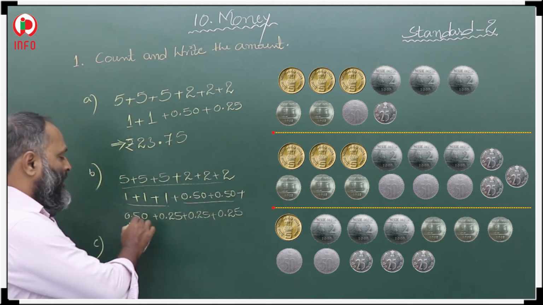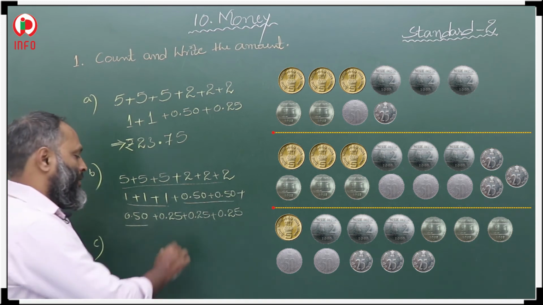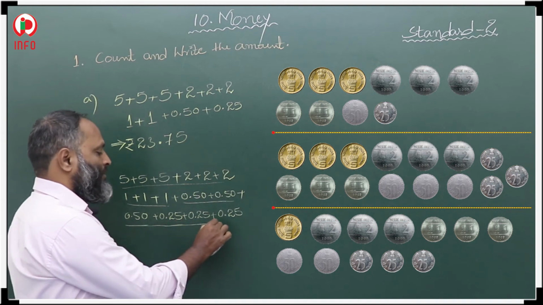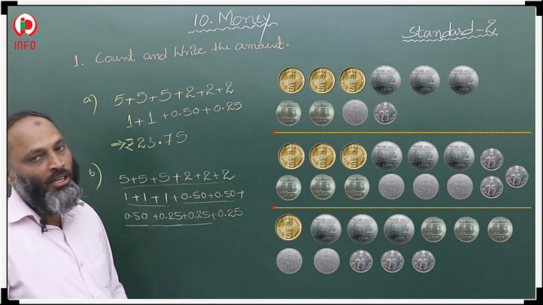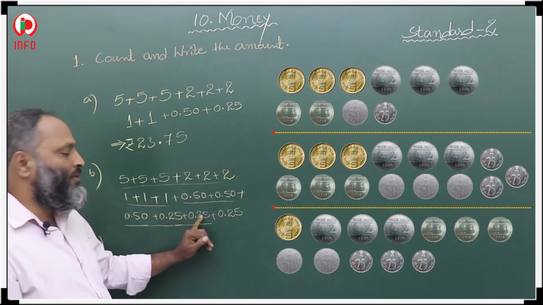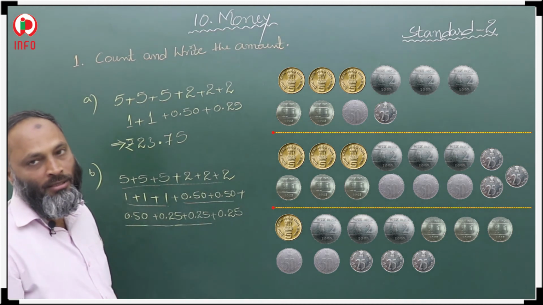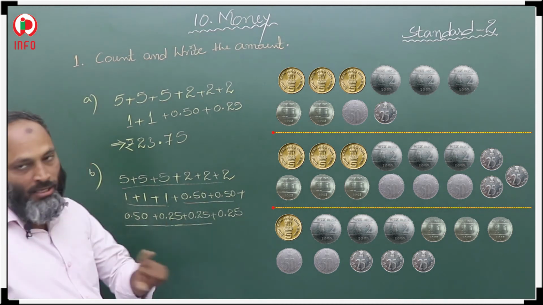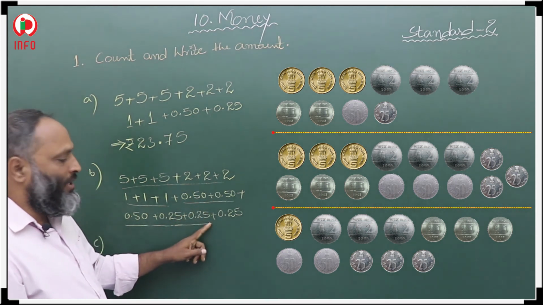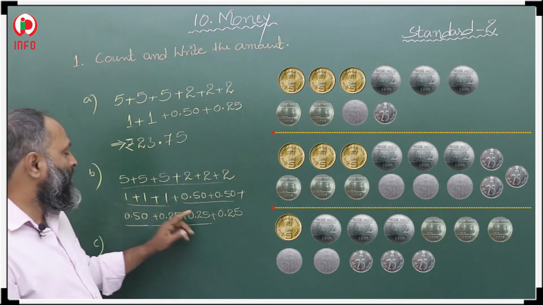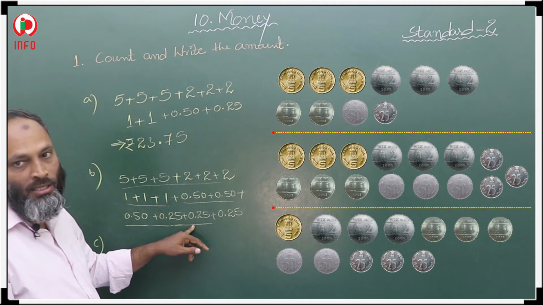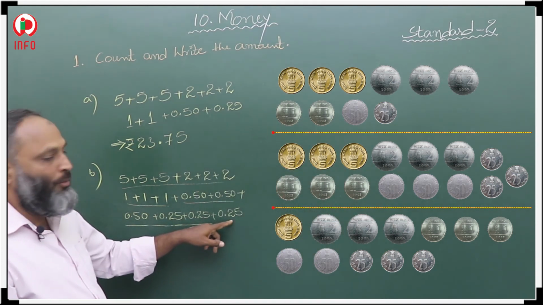Then after that, 50 paisa plus 25 paisa: 50 plus 25 is 75, and 75 plus 25 is 100 paisa. 100 paisa means 1 rupee. Till here 25 rupees, then 26 rupees. Then after that, 0.25.